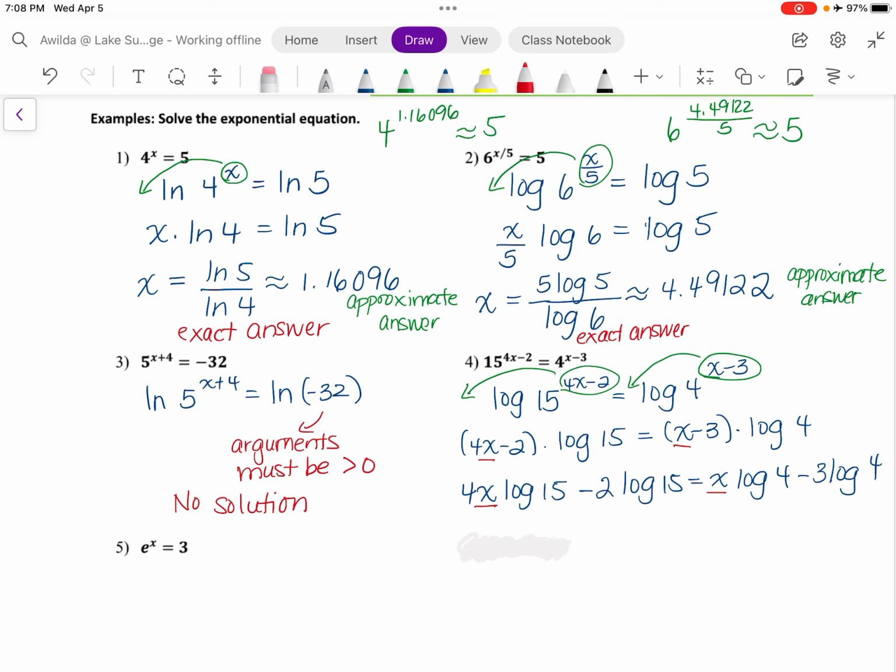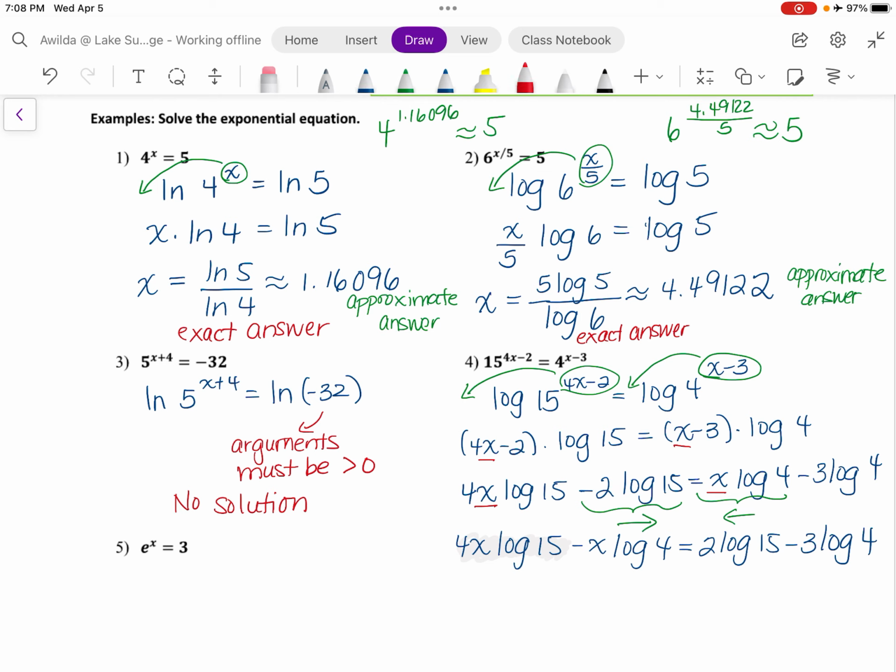So in the next step, I'm going to bring this term over to the left, and I'm going to bring this term over to the right so that the x terms are on the left and anything that does not contain the x variable is on the right. So remember, moving involves adding and subtracting. So I have 4x common logarithm of 15 minus x common logarithm of 4 is equal to 2 common logarithm of 15 minus 3 common logarithm of 4.